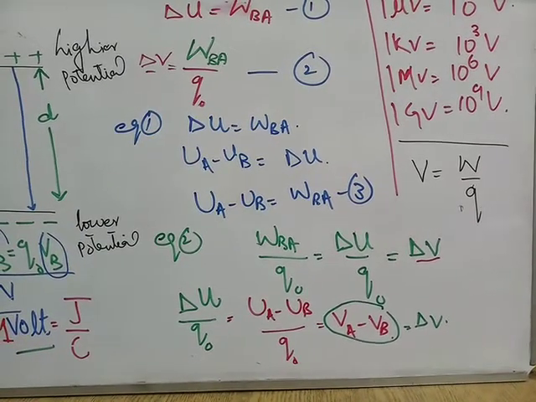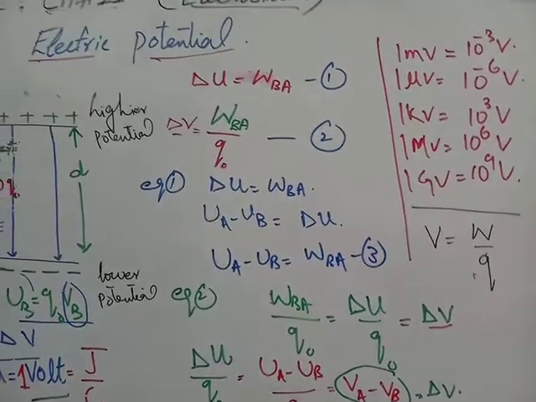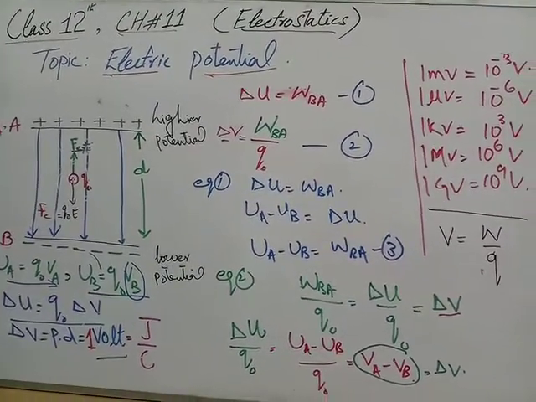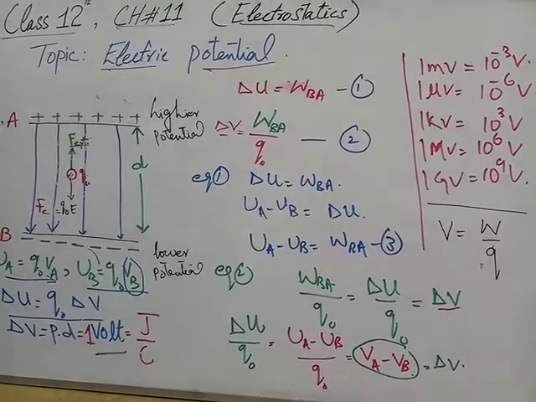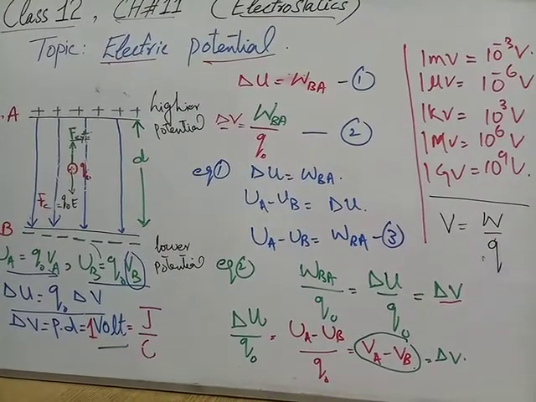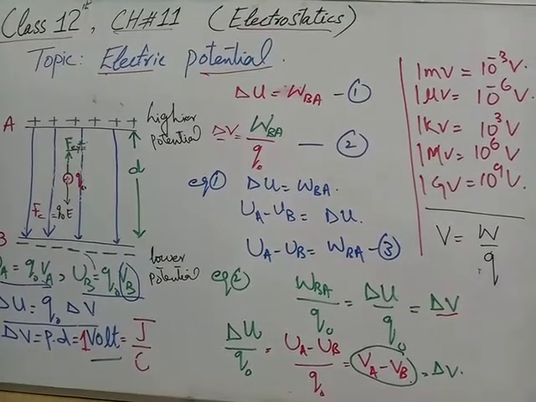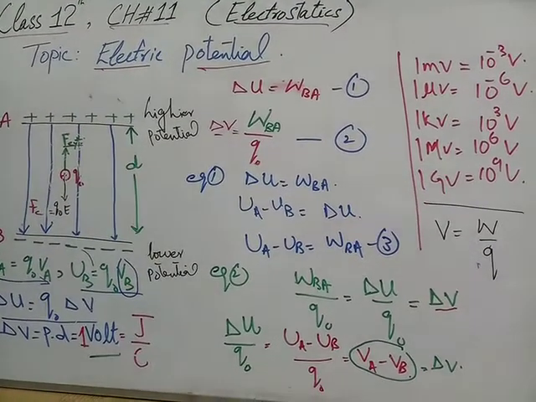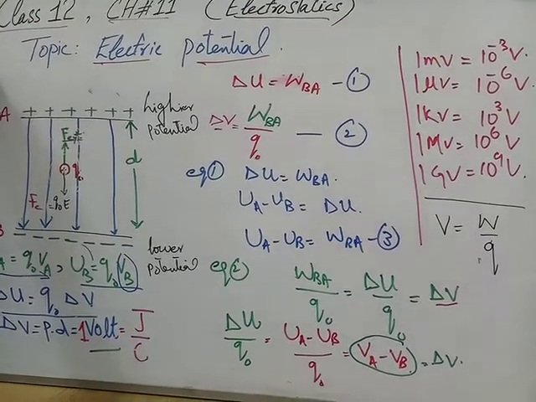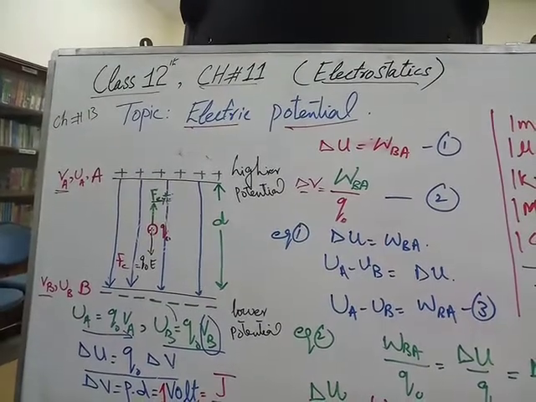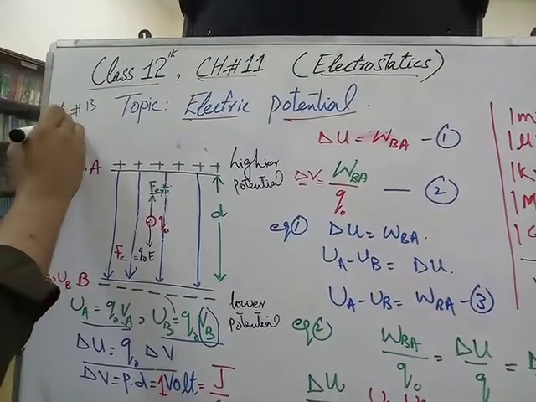This electric potential topic is for class 12, but it is also a class 10th topic. So class 10 students, you can note this topic down for yourself, because it is in chapter number 13, and the name of the chapter is the same, electrostatics.